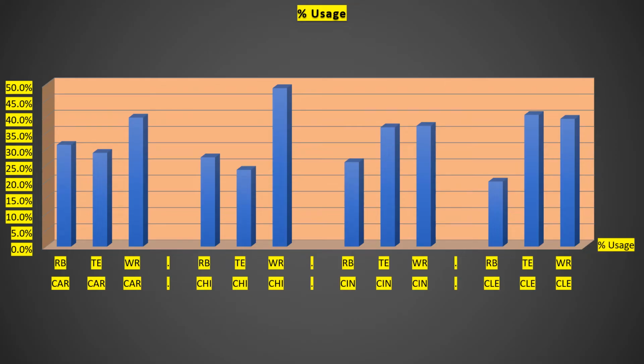And Carolina, kind of like a Buffalo, Arizona. Chicago looks way out of whack here. Cincinnati looks kind of level, and that's a weird pattern. And Cleveland looks a lot. So to me, Cincinnati and Cleveland look a lot alike. You see that? To me, it does.